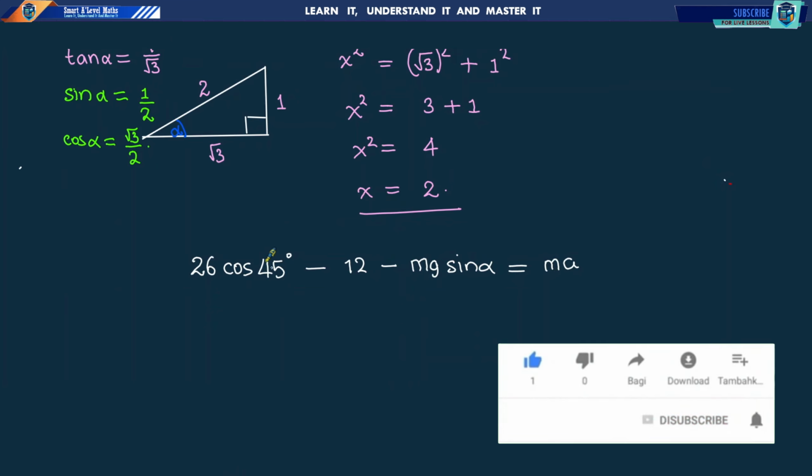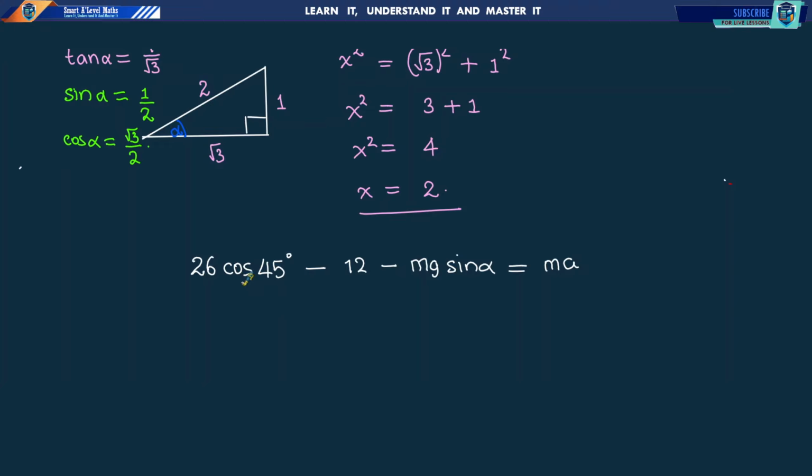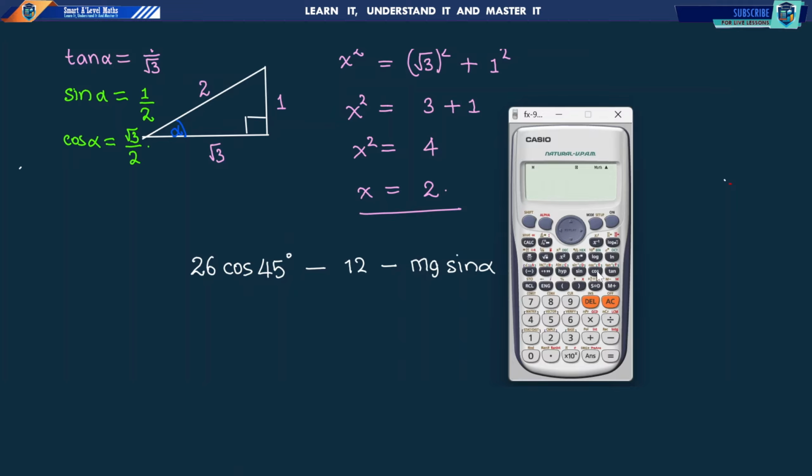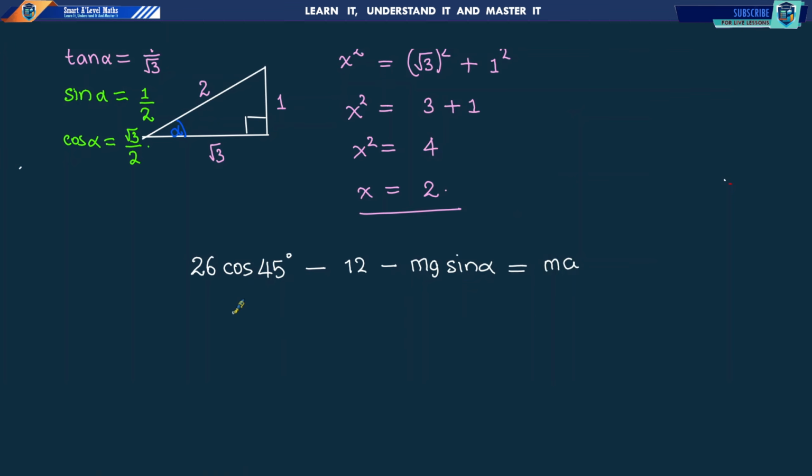Now let's go on and take a look at that. We know cos of 45 is root 2 over 2. In case you're not sure that cos of 45 is root 2 over 2, just go ahead and get your calc and try that, what is cos of 45, and simply you'll get it as root 2 over 2 as I've just mentioned. So we're going to multiply 26 by root 2 over 2.